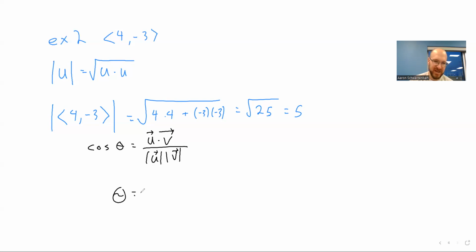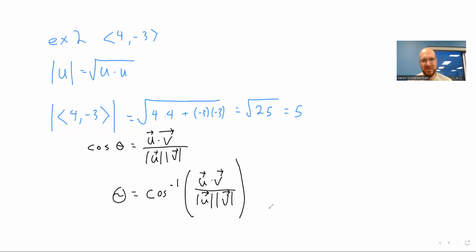Which means really I want the angle, so I've got to use the inverse cosine of my whole other side. U dot v over magnitude of u, magnitude of v. And again, most of the time I'll abbreviate that without the arrows of the vectors, but just putting them in for now.